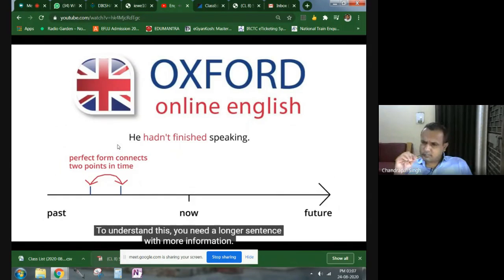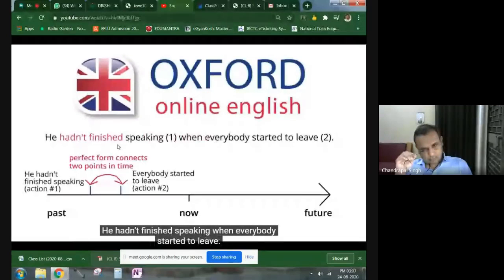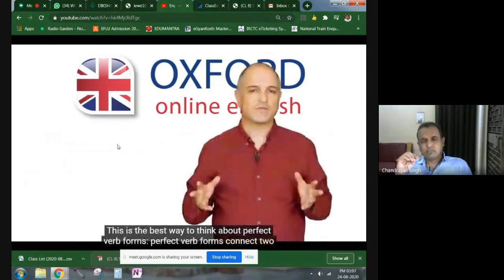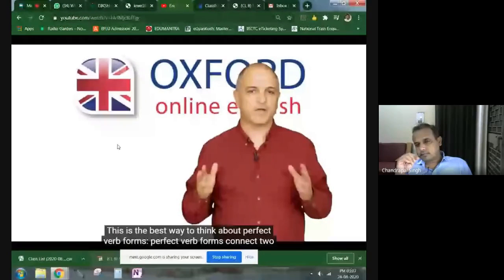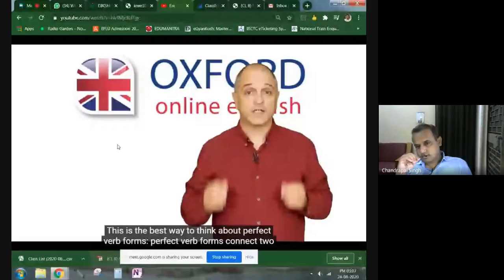To understand this, you'll need a longer sentence with more information. For example, he hadn't finished speaking when everybody started to leave. The perfect form connects the 2 different actions. This is the best way to think about perfect verb forms. Perfect verb forms connect 2 points in time.